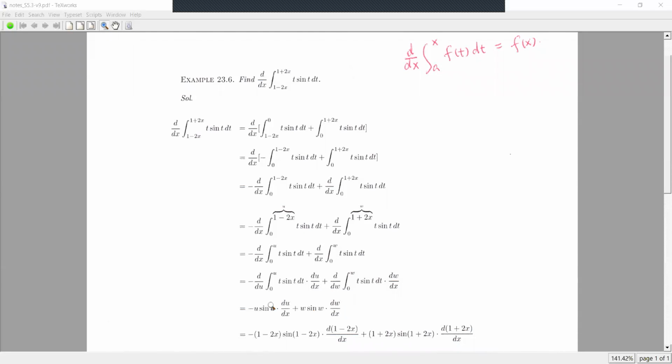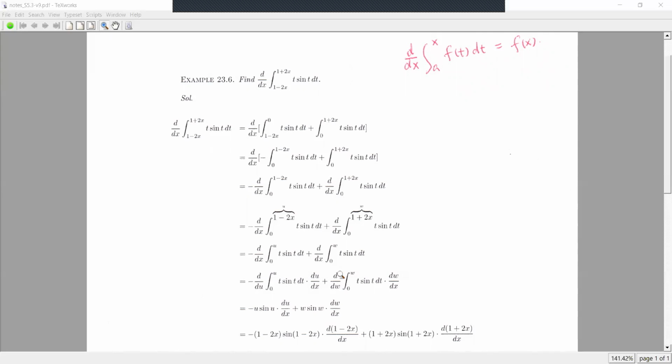Now, for this derivative, apply the formula. The derivative and this integral cancel and plug in u for t here. Then I get u times psi of u. This is the result of this derivative.